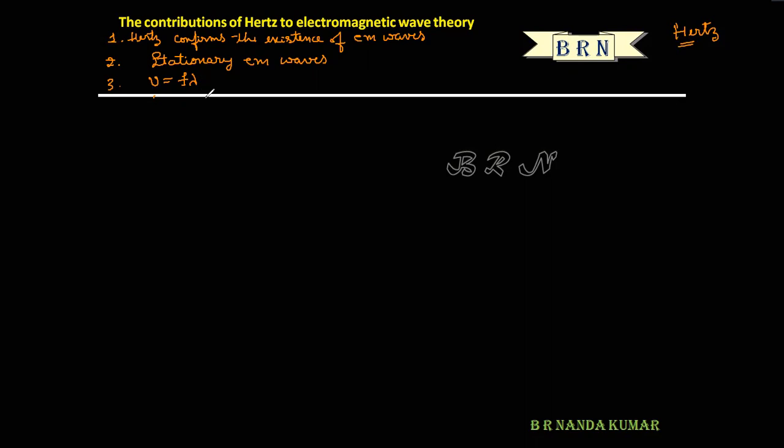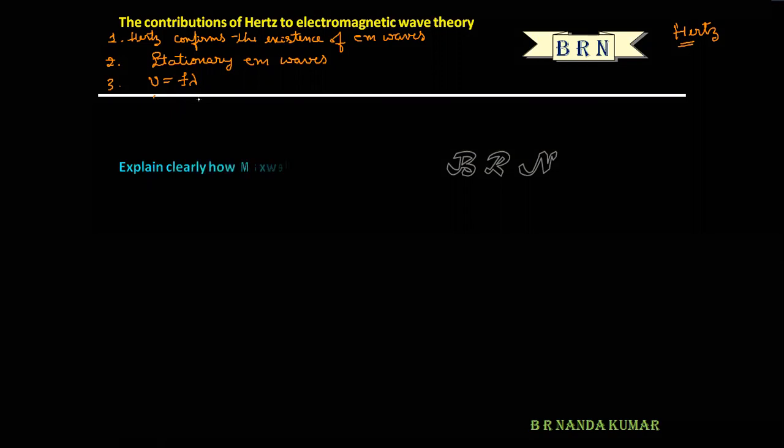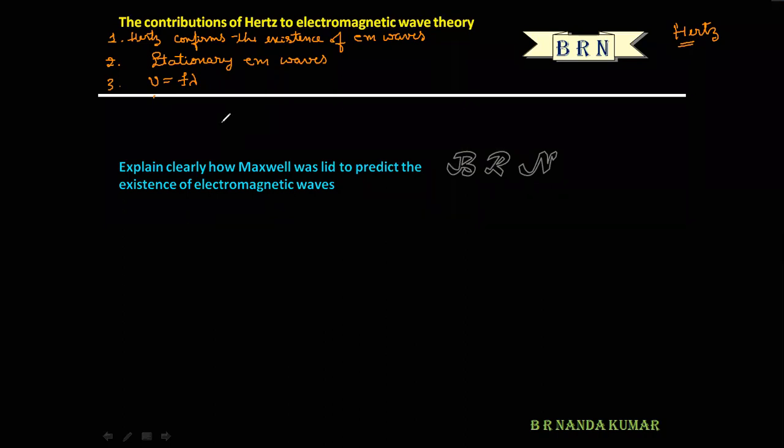Okay, so the next very important topic: explain clearly how Maxwell was led to predict the existence of electromagnetic waves. Maxwell proposed electromagnetic wave theory. Okay, Hertz is the scientist who first predicted the existence of electromagnetic waves.